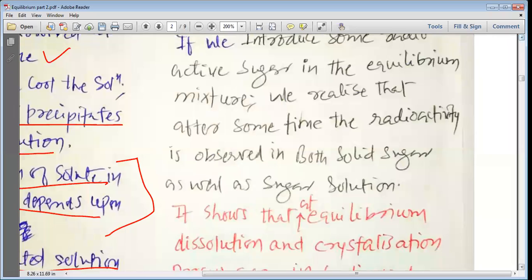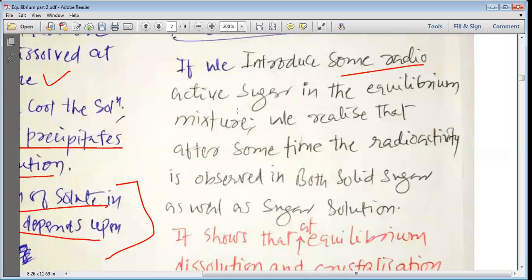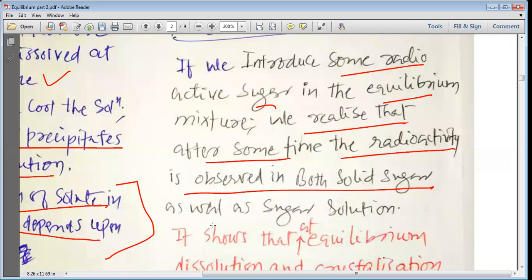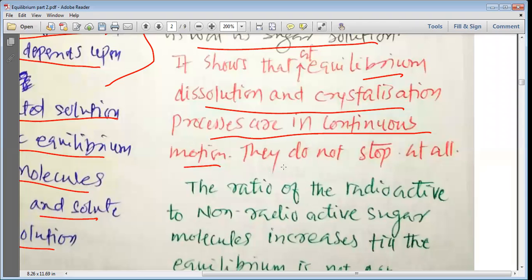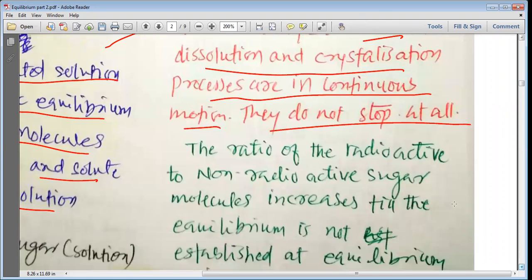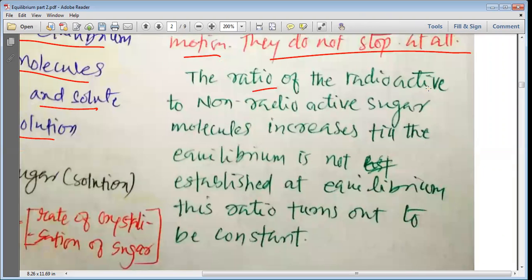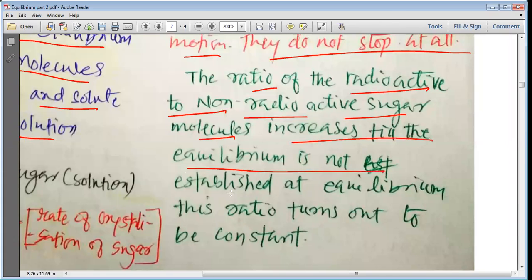Now if we introduce some radioactive sugar in the equilibrium mixture, we realize that after some time radioactivity is observed in both solid sugar as well as sugar in the solution. It shows that at equilibrium, dissolution and crystallization processes are in continuous motion and they do not stop at all. The ratio of radioactive to non-radioactive sugar molecules increases until equilibrium is established.